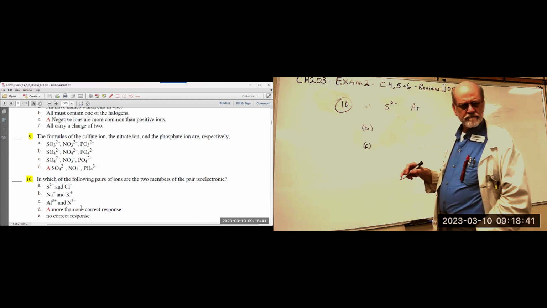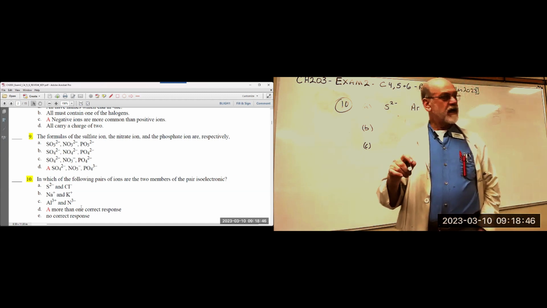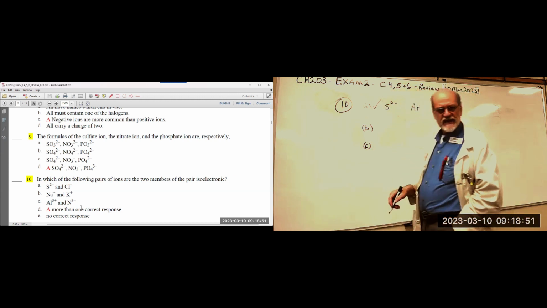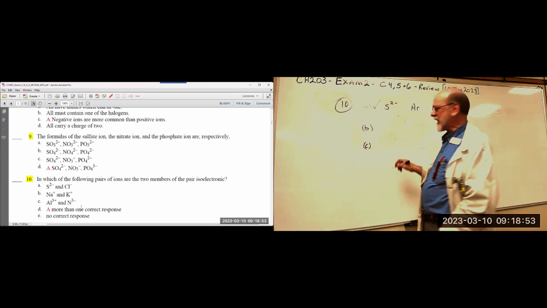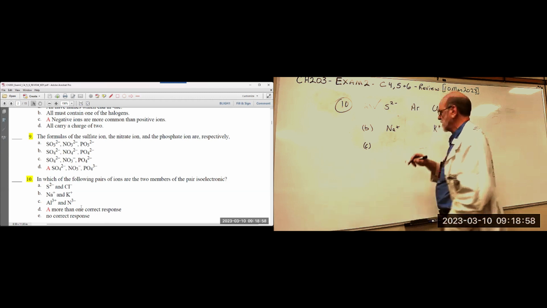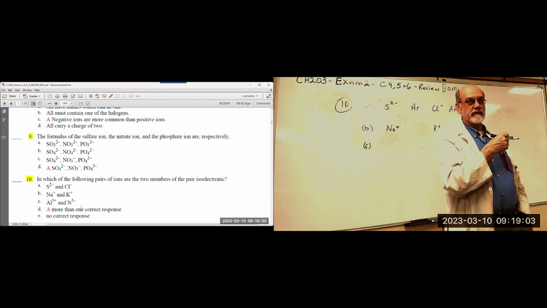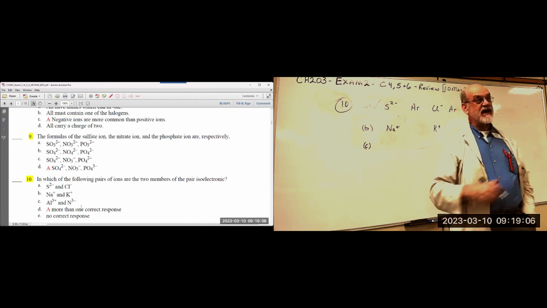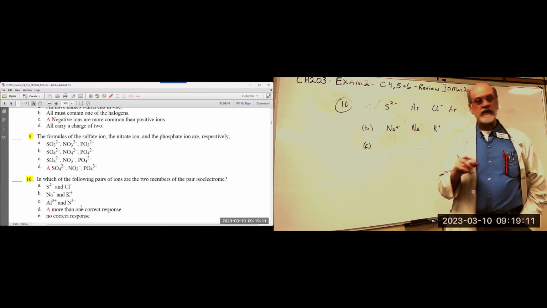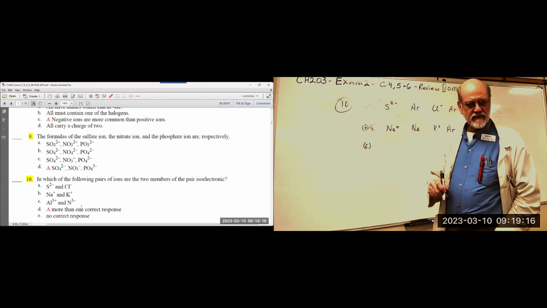How about chlorine, Cl-? Yeah, it looks like argon too. So we got one there. How about B? Sodium plus and potassium plus. Sodium, if you subtract an electron, it backs up 1, so sodium would be like neon. Potassium backs up 1, it looks like argon. So that can't be it. How about C?